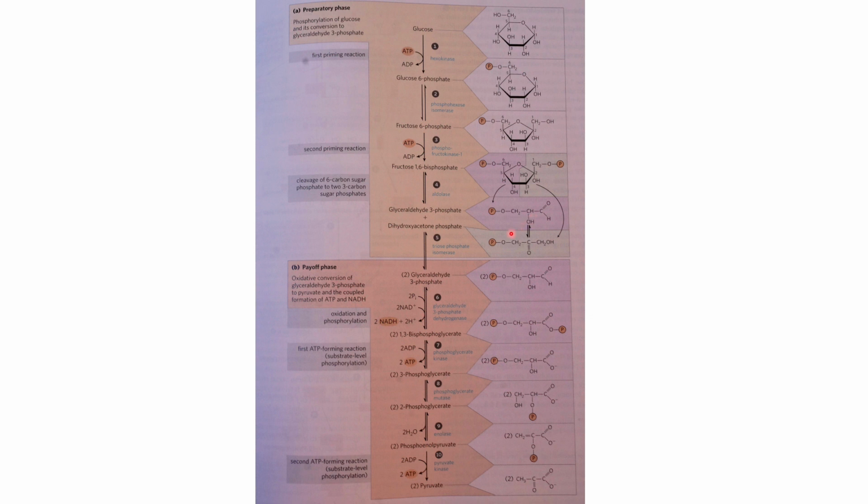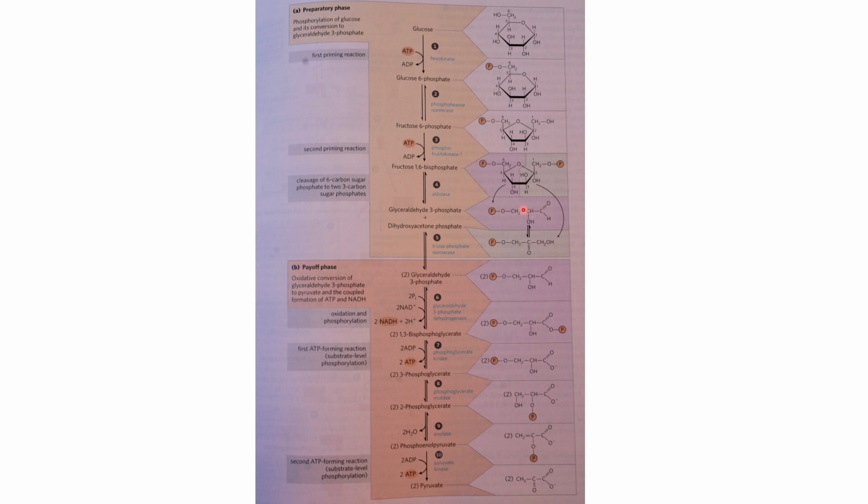Following that, phosphofructokinase 1 will take the fructose 6-phosphate and form, under a heavily regulated enzyme, taking another ATP and forming the compound here, which is an intermediate.